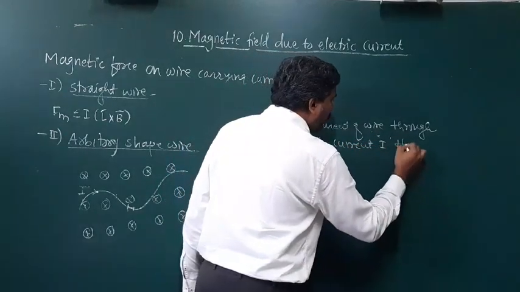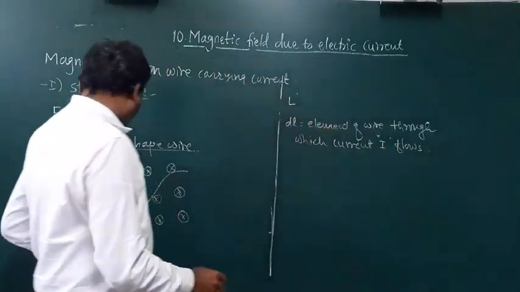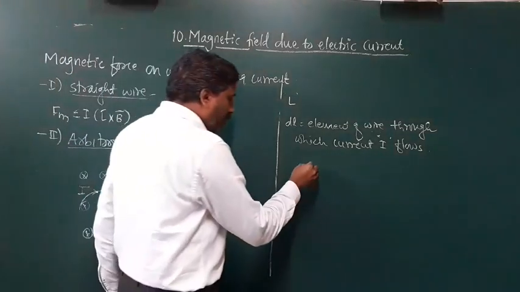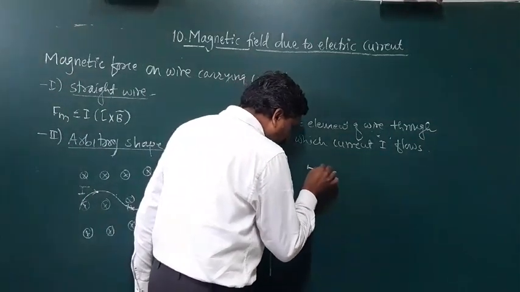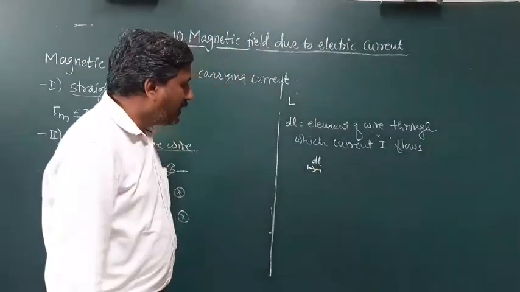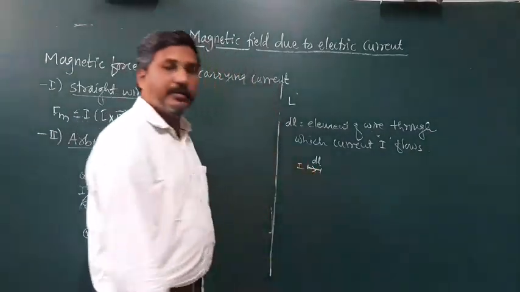Current I is flowing in this way. This is a small element of length dl, and this is the direction of current.